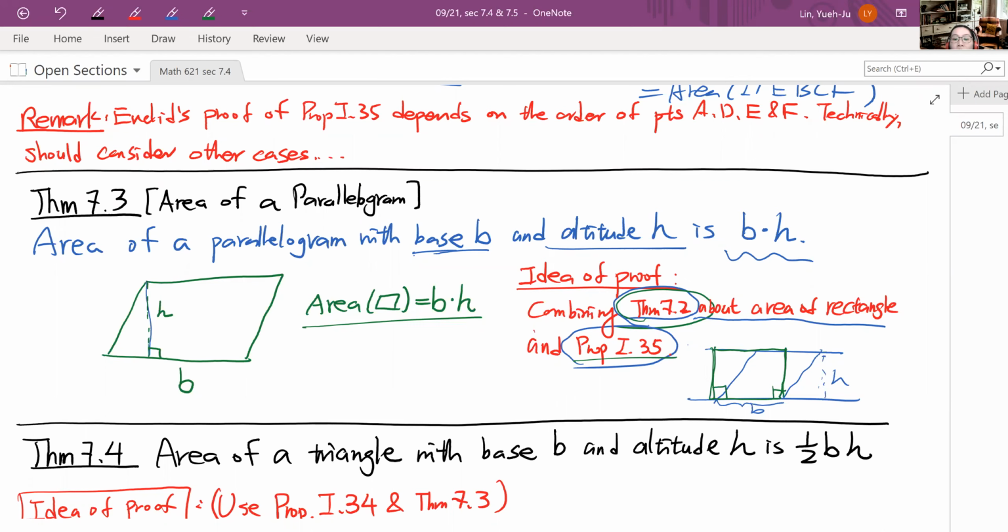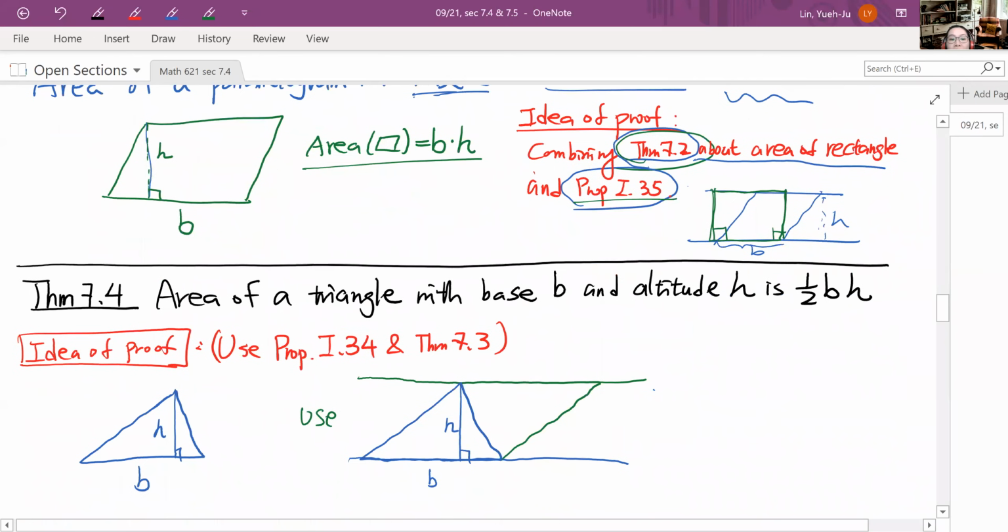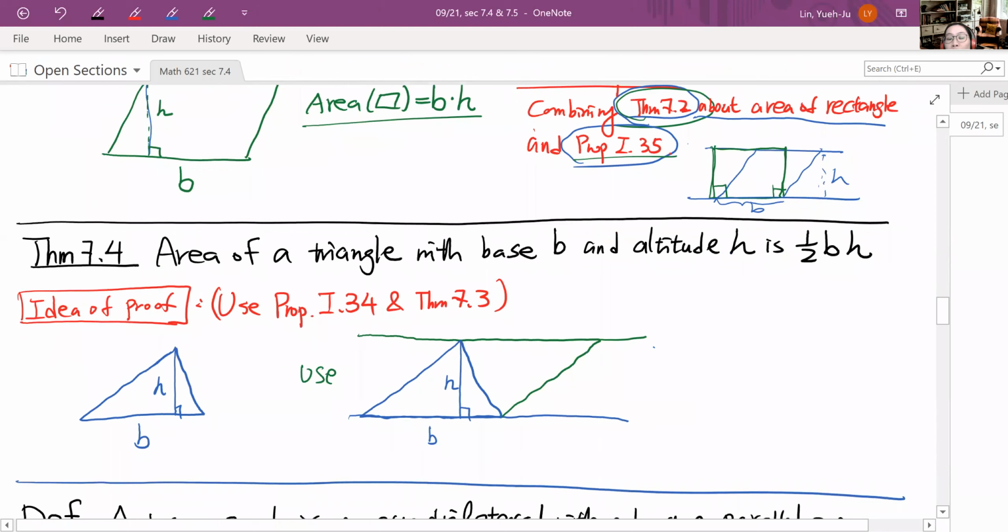Now we can further prove the area of the triangle. Remember, the only thing we know so far is that if you take a parallelogram and cut it in half, you can cut it into two equal-area triangles. In other words, the triangle is half of the area of the parallelogram.